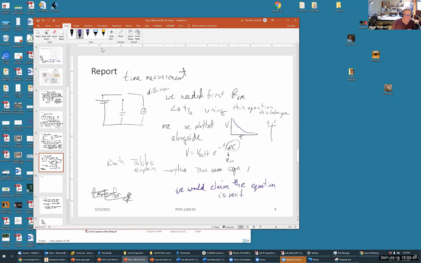So you're saying the rules of combination are correct because of this data, and because our percent difference is so tiny. The equation of the voltage as a function of time, we can't prove it.